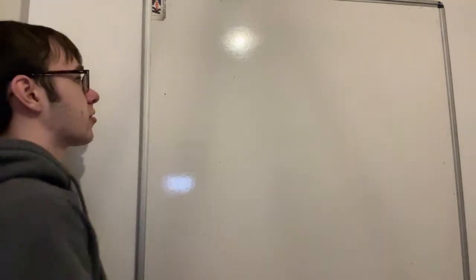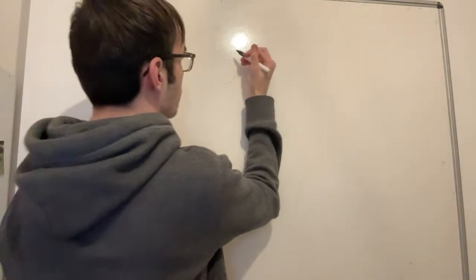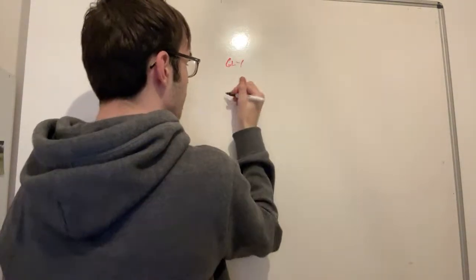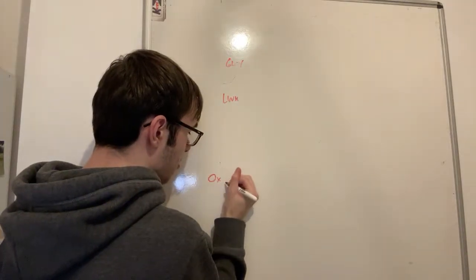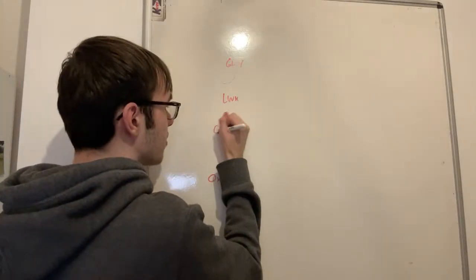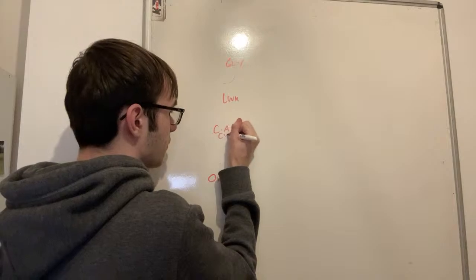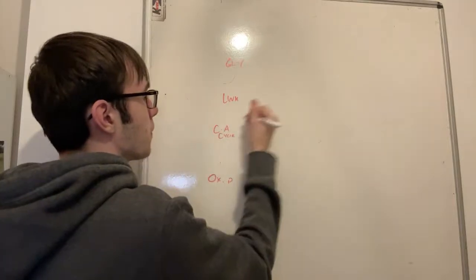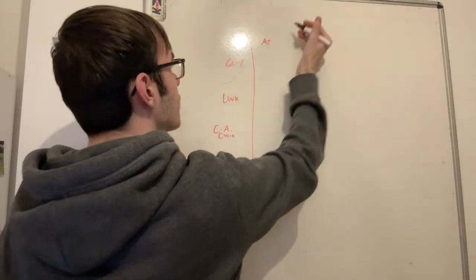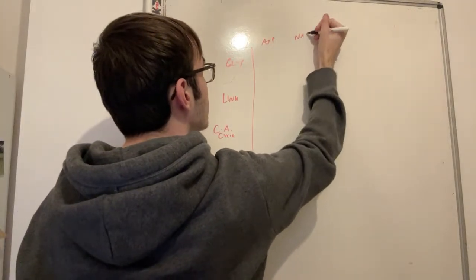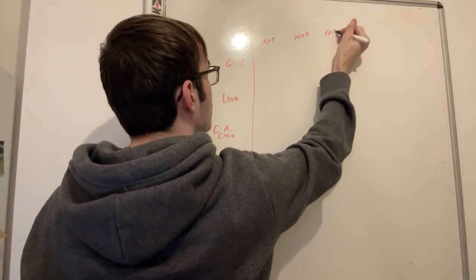Right. Conclusion. So we have glycolysis, link, oxidative phosphorylation, and the citric acid cycle. So how much ATP, how much NADH, how much FADH?